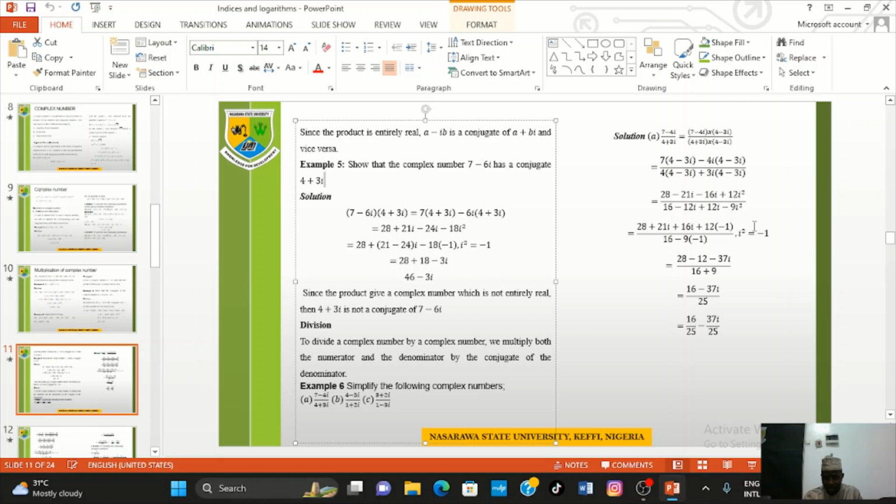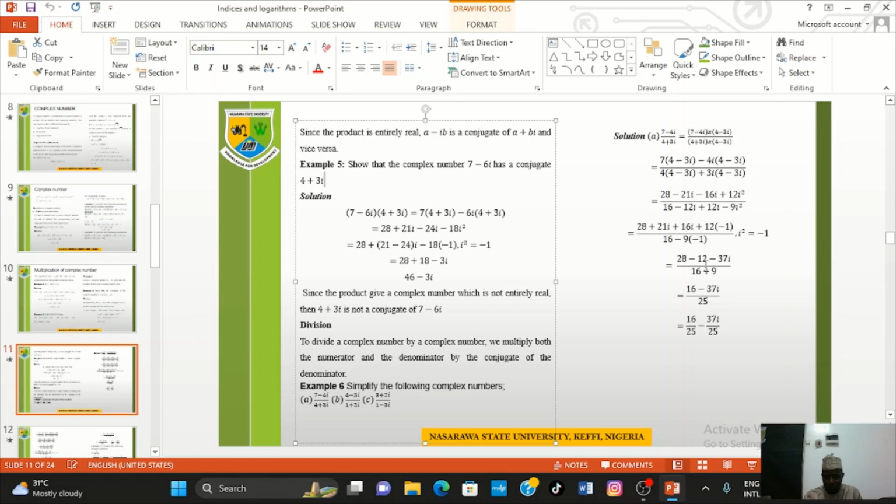But our i squared is minus 1. So when you see i squared, you replace that with minus 1, then we have our result like this. And minus 1 times 12 will give us minus 12.